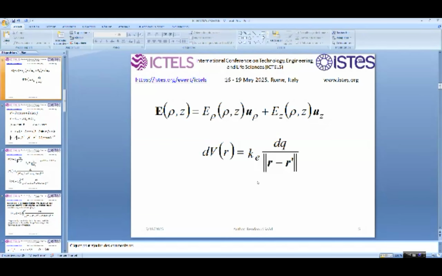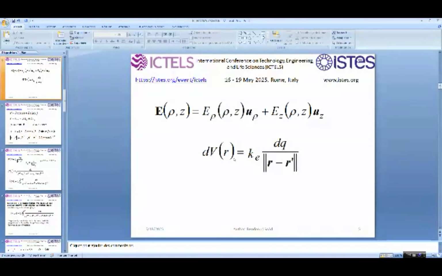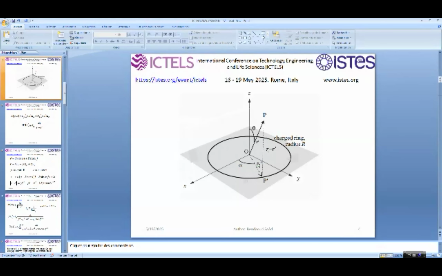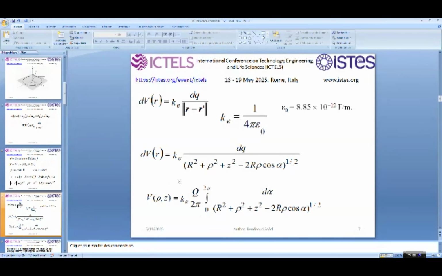We start from the expression of the electric potential, which is here. R is the position vector, this position vector. We make the decomposition and we have this expression.